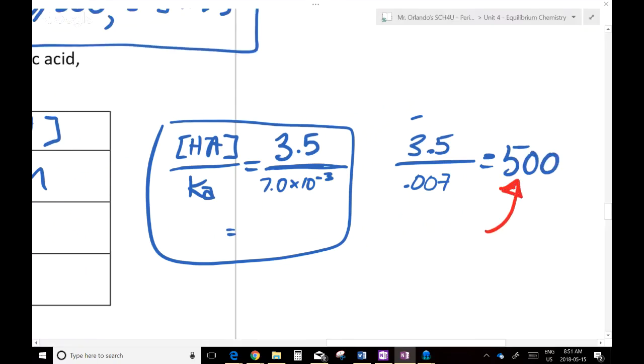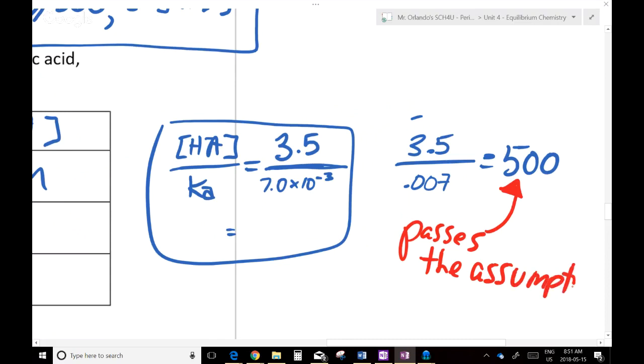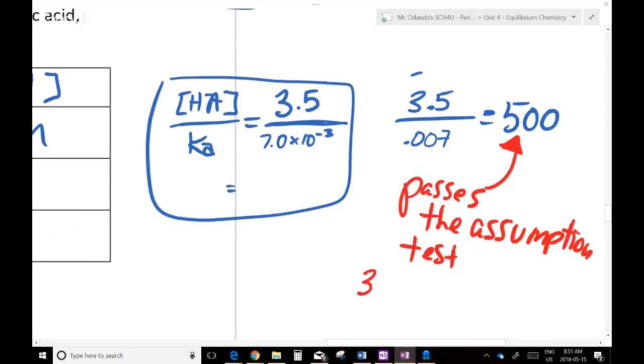And you can see that I picked these concentrations very carefully. So this just passes, but it passes the test. All right, so this passes the assumption test, and it tells us that X is going to end up being a pretty small number. In fact, so small that 3.5 minus X is going to be 3.5.